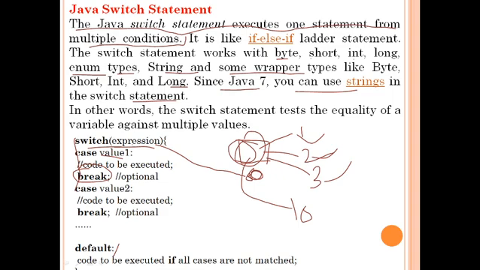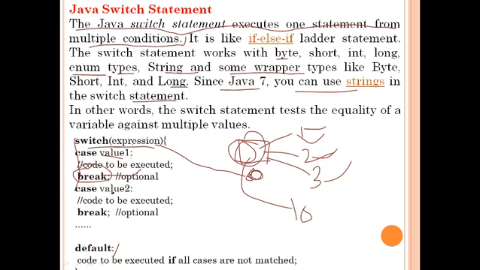Only one problem will be there with the fall through. Otherwise, the program will compile and execute successfully. But what will be the problem? Suppose a user enters 1. Then case 1 will execute, and the default will also execute, like that it will continue. Due to the missing break statement, after case 1, it will move to case 2.